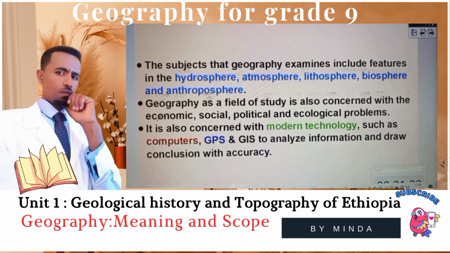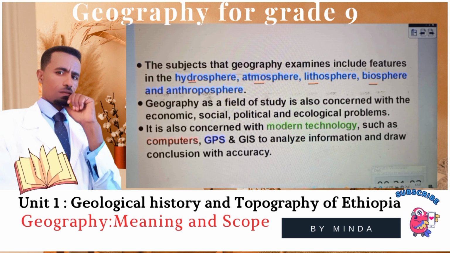The subjects that geography examines include features in the hydrosphere, features in the atmosphere, features in the lithosphere, features in the biosphere, and features in the anthroposphere.